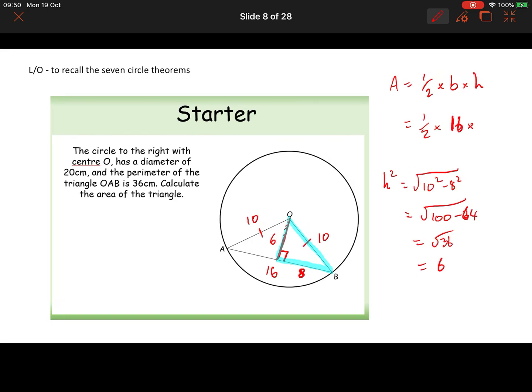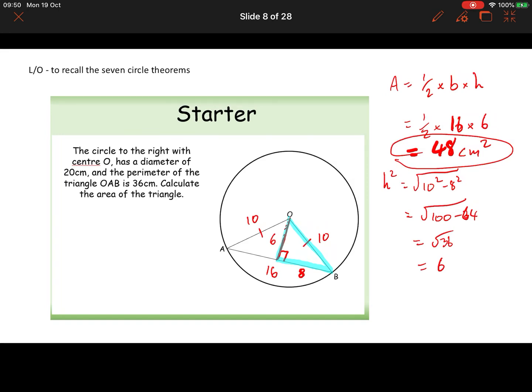Now the entire triangle's area must be a half times the base, which is 16, times the height, which is 6, which is 3 lots of 16, which is 48 centimetres squared, and there is my final answer. Hope that makes sense.